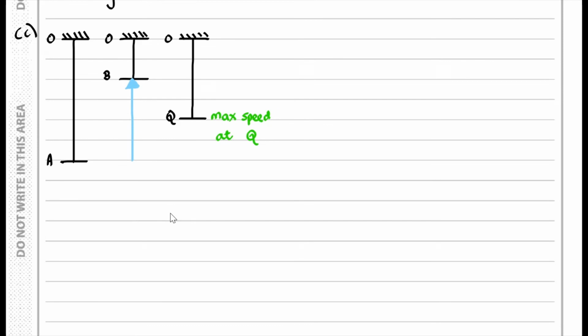So let's just put that down into words. The max speed occurs at the equilibrium position and that is when the acceleration is equal to 0.